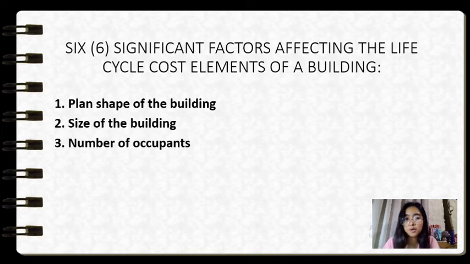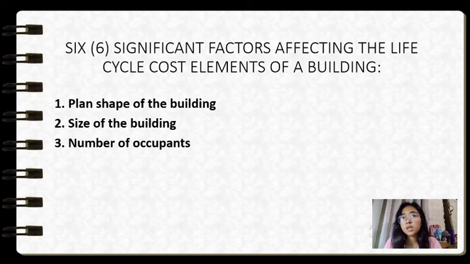Additional info: the 6 significant factors affecting the life cycle cost elements of a building. The first and second one is the plan shape of the building and the size of the building. The simpler the shape of the building and the smaller the size of the building, meaning mas konti rin yung cost.